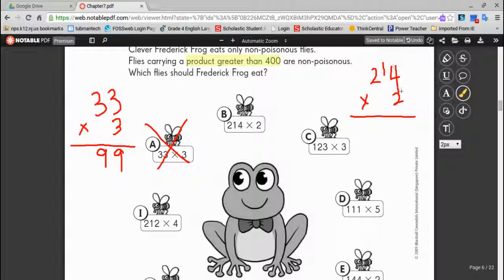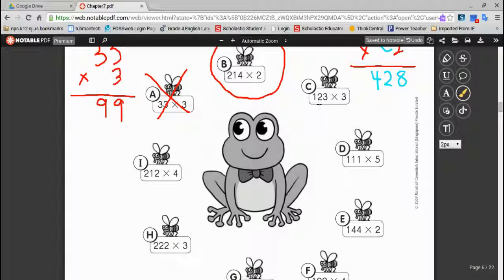Okay? 4 times 2, that's 8. Let's do my tens now. 1 times 2, that's 2 in my tens spot. And let's do my hundreds. 2 times 2, that's 4. Okay, so my answer of 428, that is greater than 400, so I'm going to circle that.